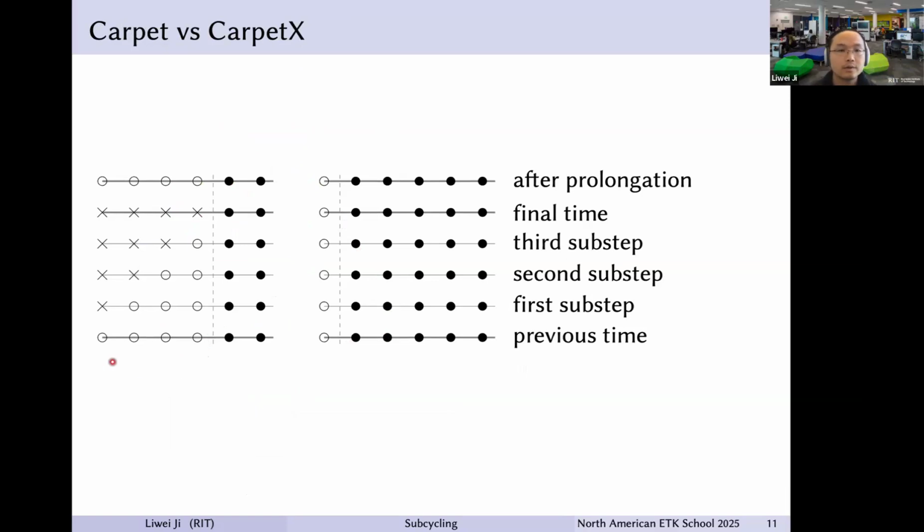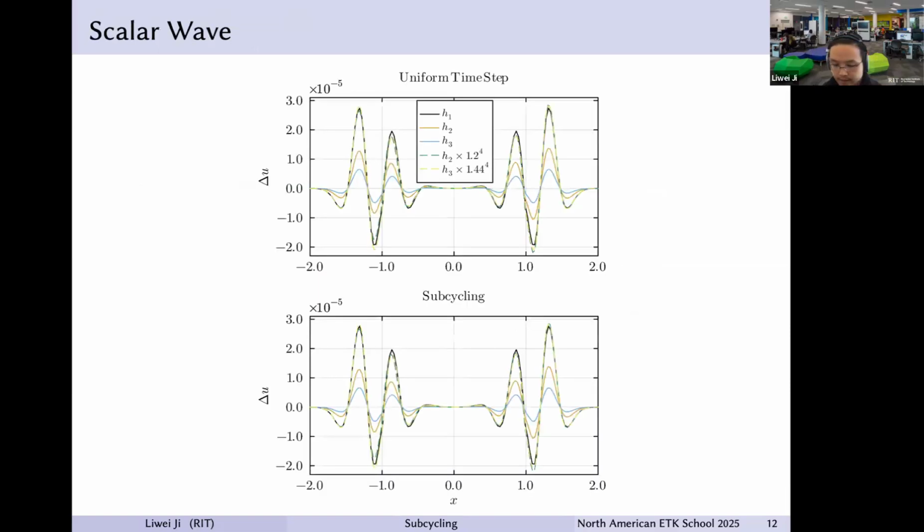And we also need to evolve the buffer zone for the old version, but we don't need to evolve the ghost zones of the new version. So with that, we implemented the new subcycling in CarpetX.